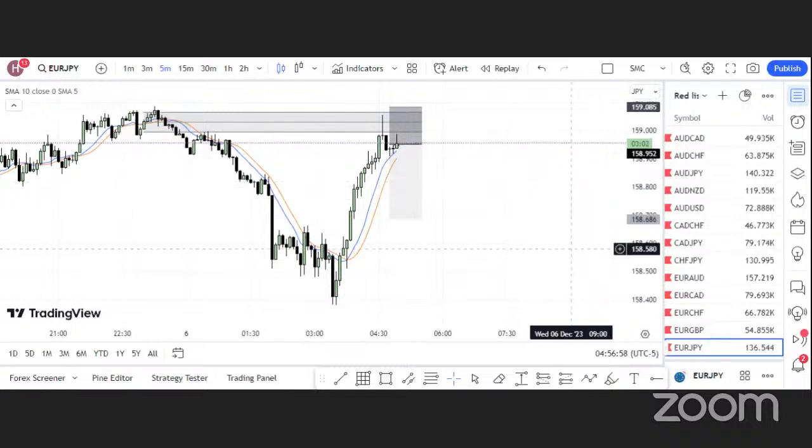So the market just got there. Let's see if it's going to give us what we want.